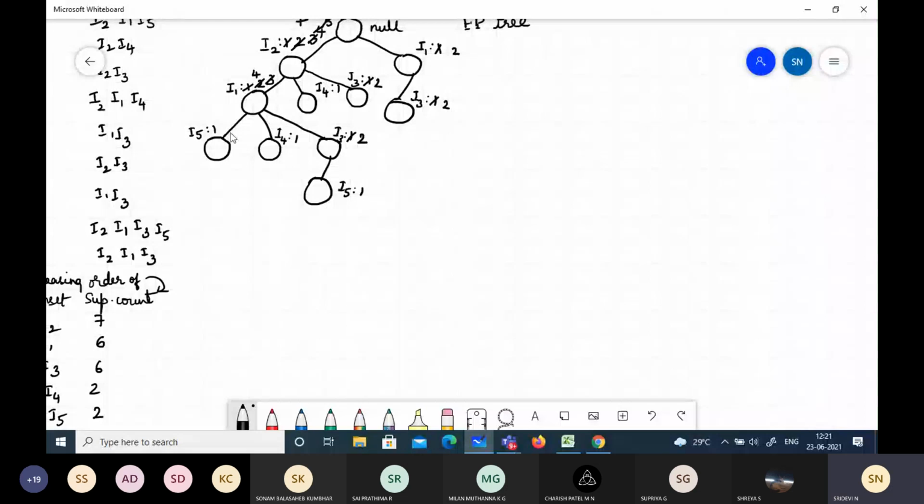Yes, we'll start writing the table. Item, and we have the conditional pattern base, and then we have the conditional FP tree, and then the frequent item patterns which are generated.